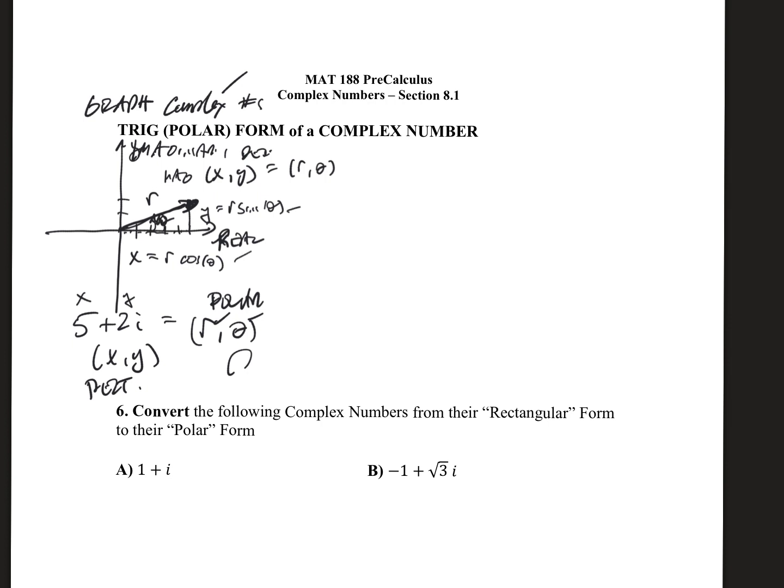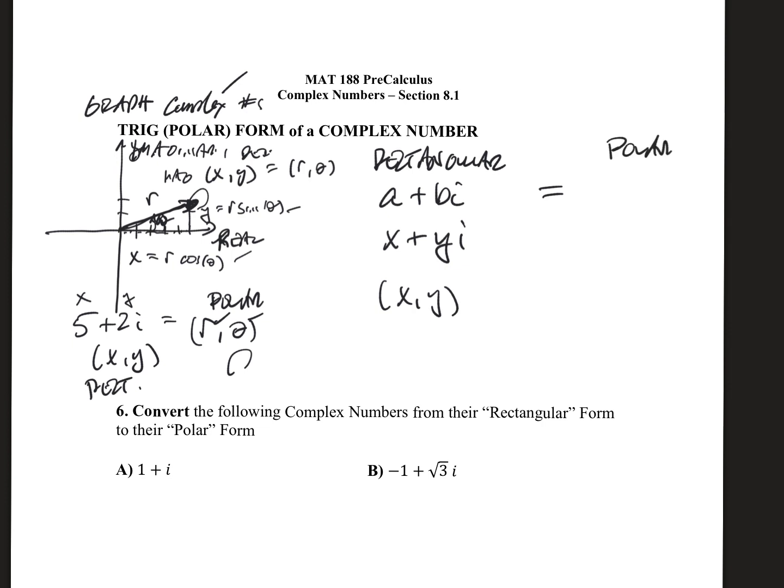And there's basically the tie-in. In rectangular form, we go from a plus bi, the way I introduced them in a previous video, to now x plus yi, and that creates the ordered pair xy that I can see on my graph. Now we're going to convert this to polar form, where we know that x is r cosine of theta, and y is r sine of theta.